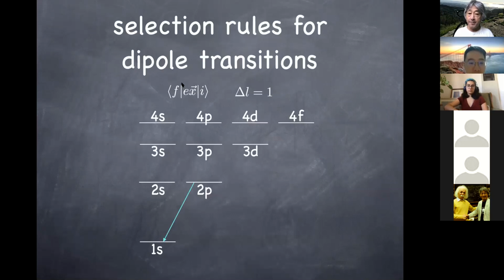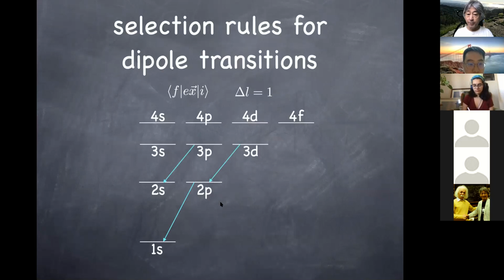But using the same dipole operator, you have the selection rule that the dipole operator carries angular momentum of unit 1. So you can compute transitions where the orbital angular momentum of the initial and final states differ by 1. For example, this transition, or that transition, because L changes from 2 to 1.